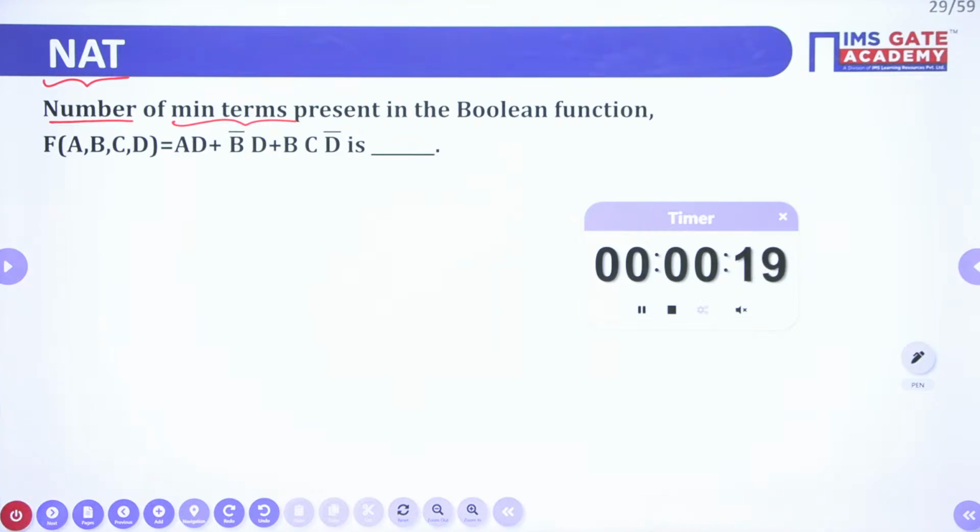Very good Saptak. Yes, all of you are getting the correct answer. Very good, very good.